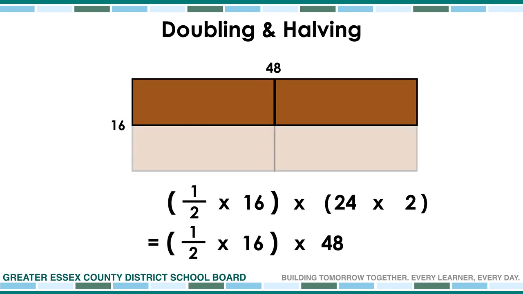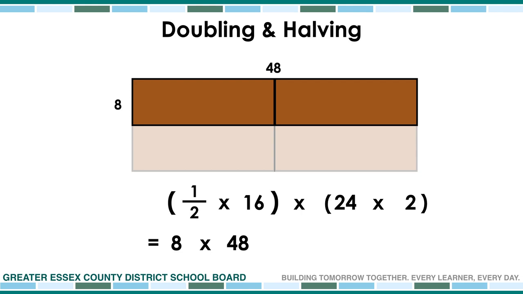So having 16 gives us 8 rows, except now 8 rows have double the number of donuts. So before we had 16 rows of 24 donuts, now we have 8 rows of 48 donuts because of this doubling and halving. So we've taken a problem like 16 times 24, and we've essentially changed it to 8 times 48.